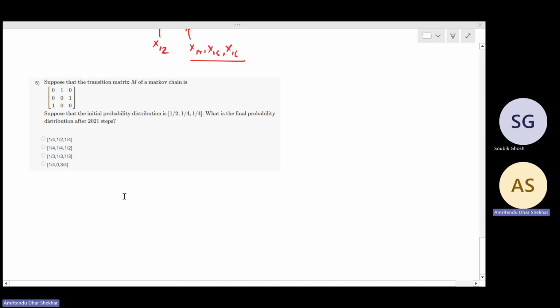Okay, so there is a transition matrix of this random variable which is given to us.